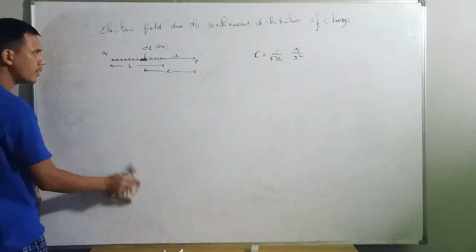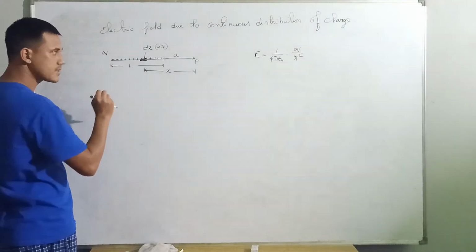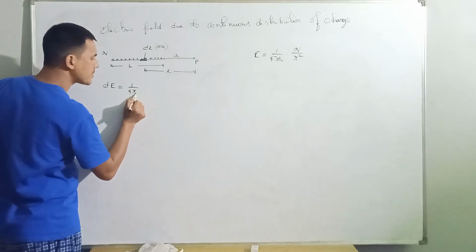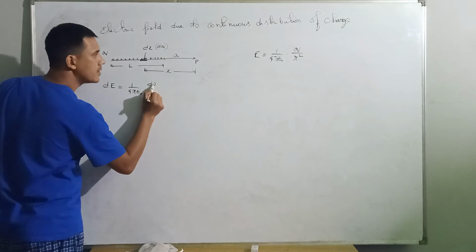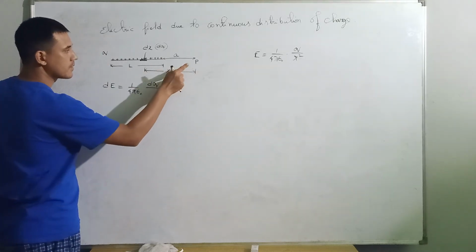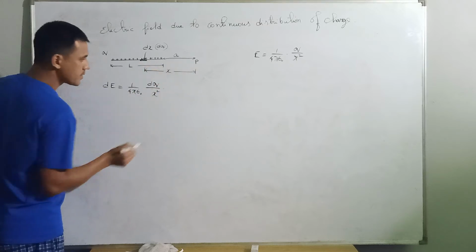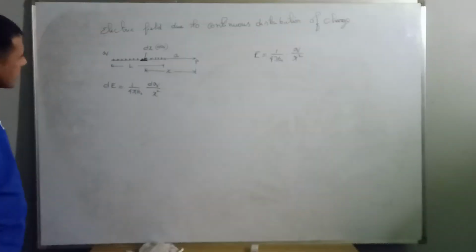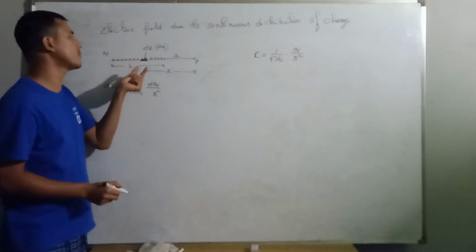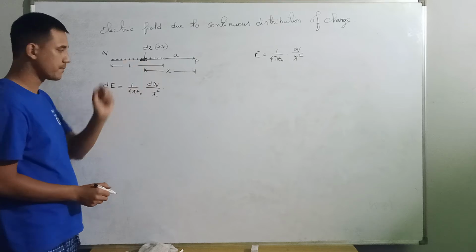So the electric field at point P due to the small element of length dx is given by dE equal to 1 by 4 pi epsilon naught into the charge dq upon the square of the distance. Distance of P from this element is x, so x squared. We can say that this entire rod is made up of many small elements like this.